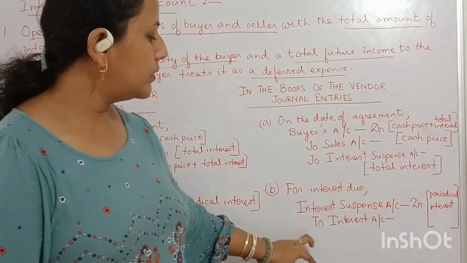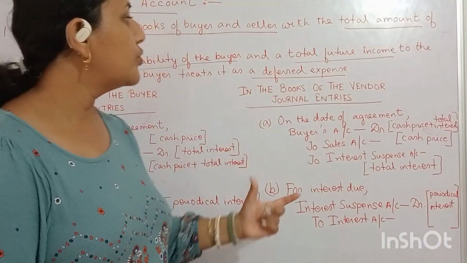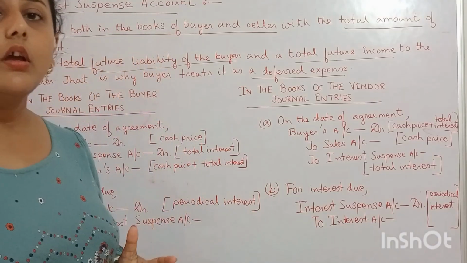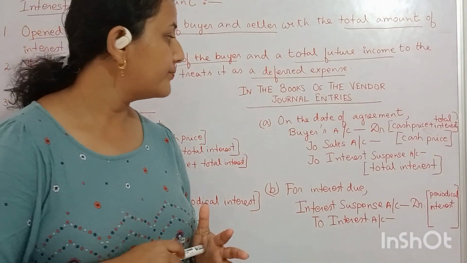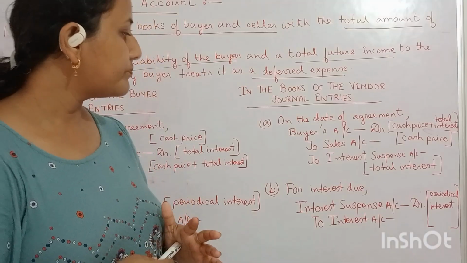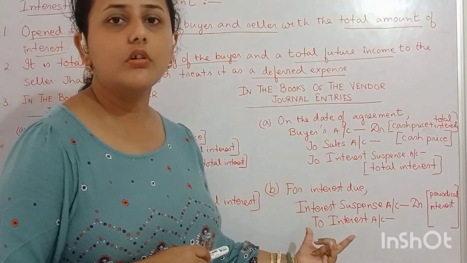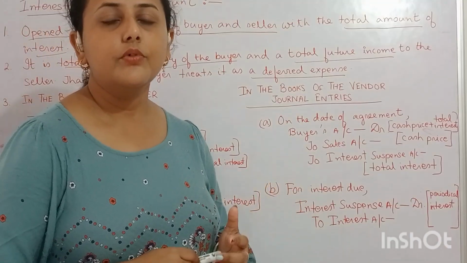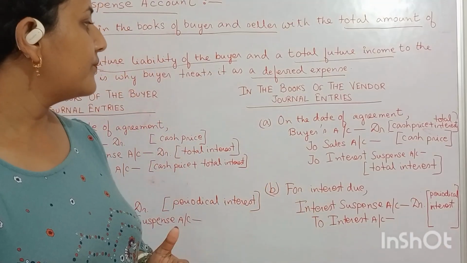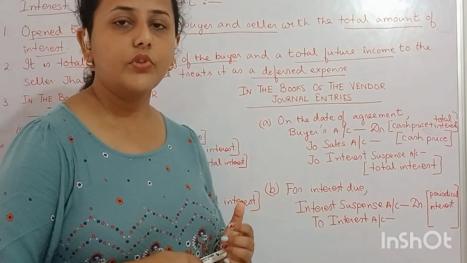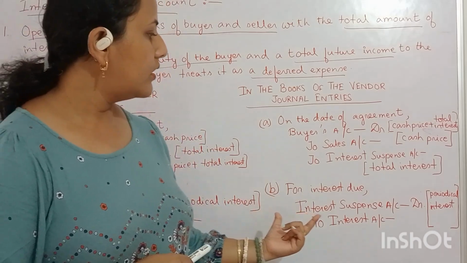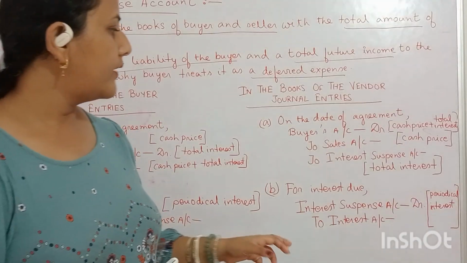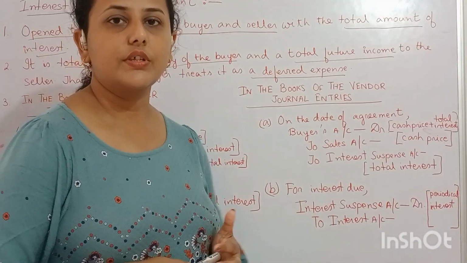And what are the ledger accounts to be passed in the books of the vendor? It is buyer's account. Asset account is not opened in the books of the seller, that is vendor. Then it is sales account, then interest suspense account, interest account, and then lastly profit and loss account.